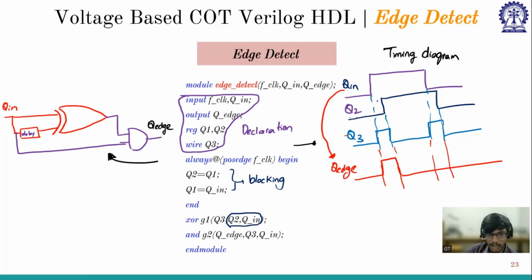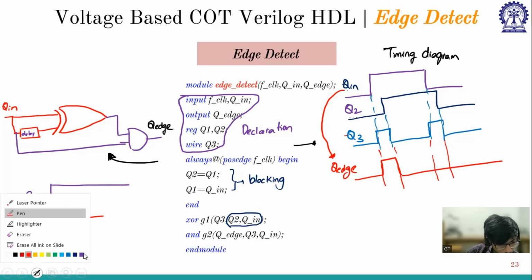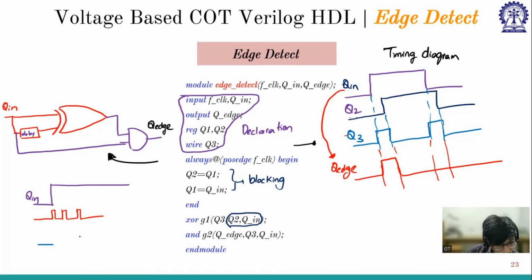Say this is Q1 or this is Q in. So at the first clock, second clock, third clock, at the third clock, Q2 will update, right?